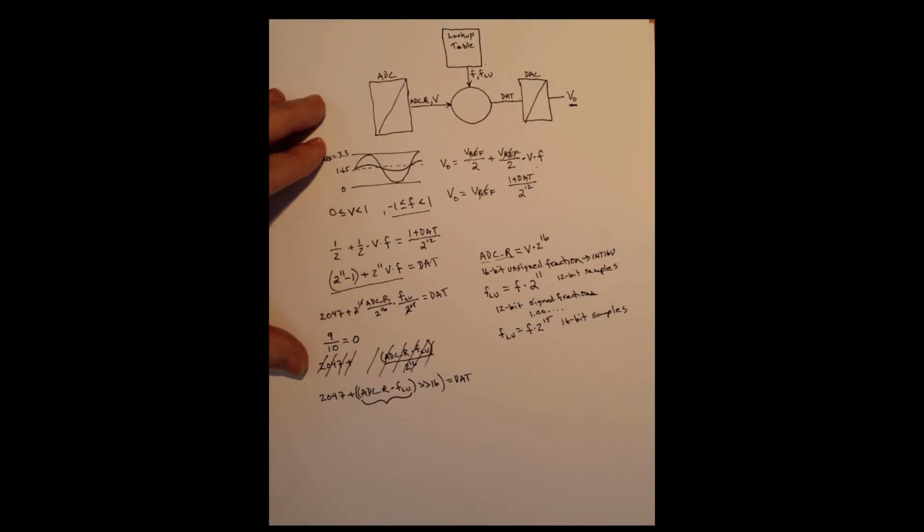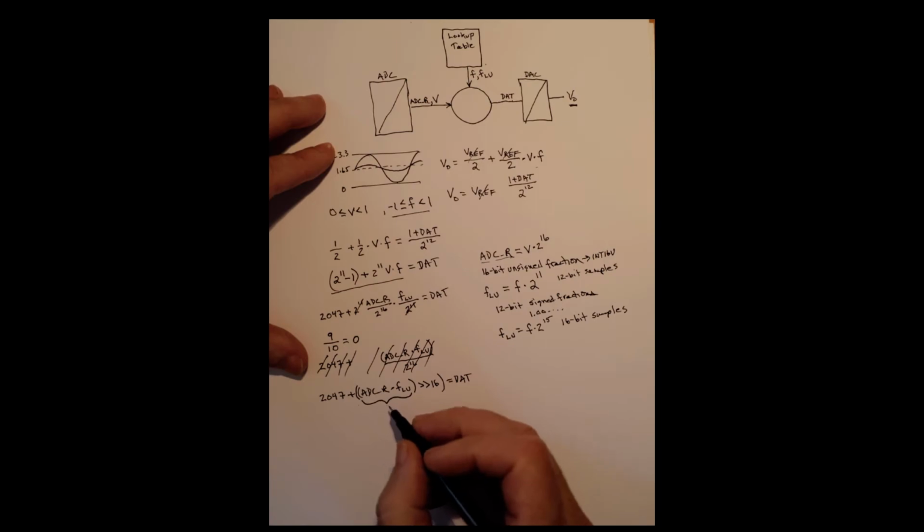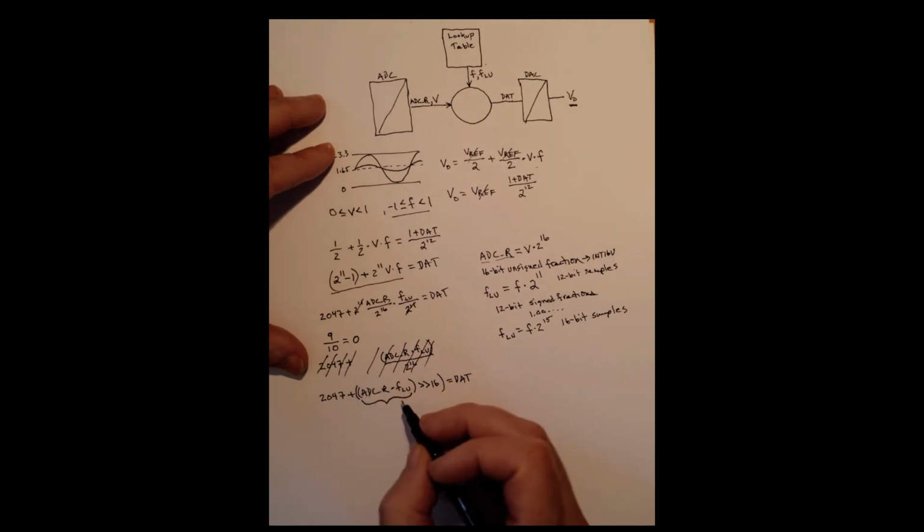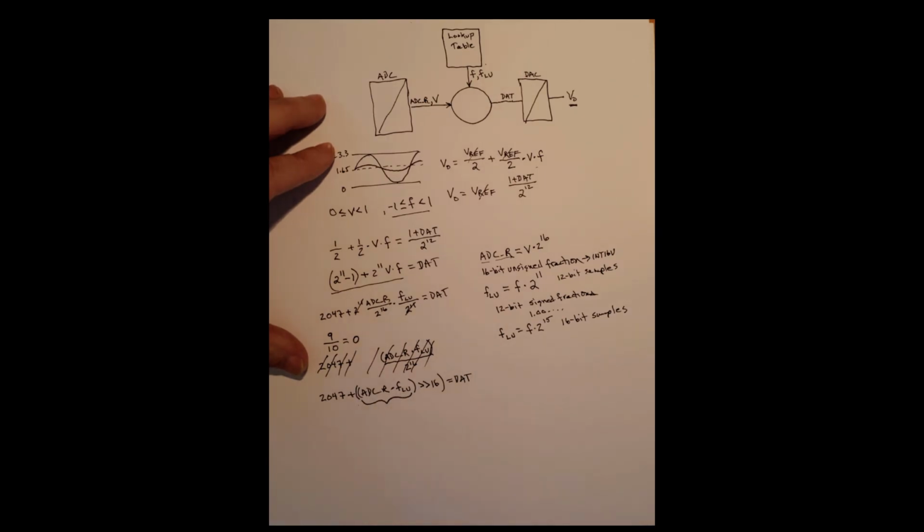And if you recall in the assembly class, we had to make sure to create a register space so that when we did 16-bit times 16-bit, the result ended up in a 32-bit register.